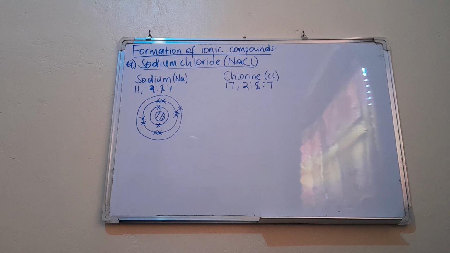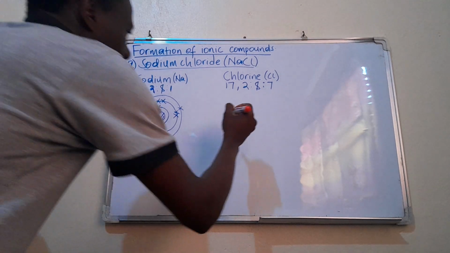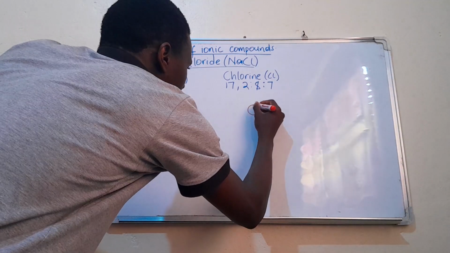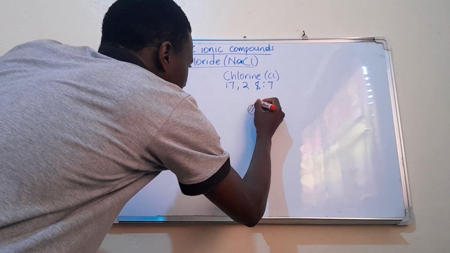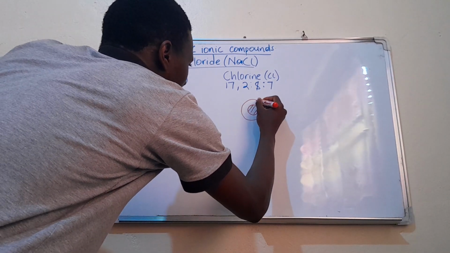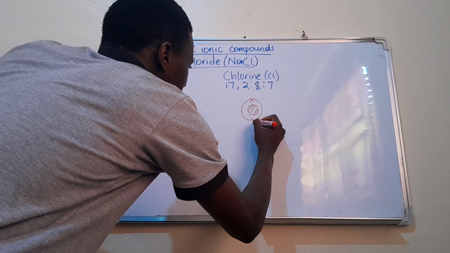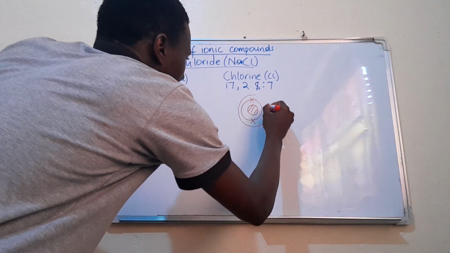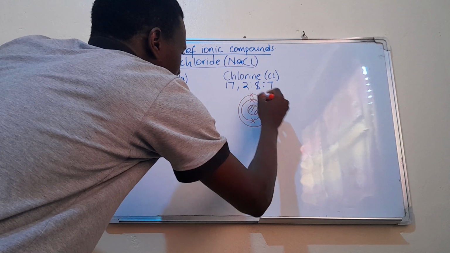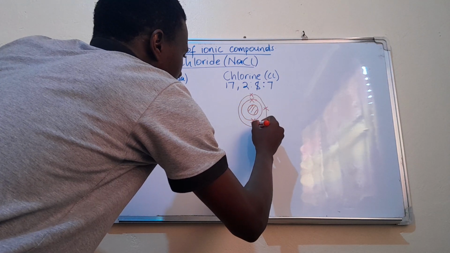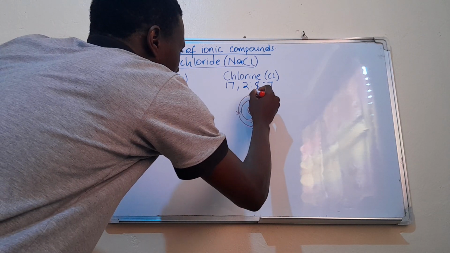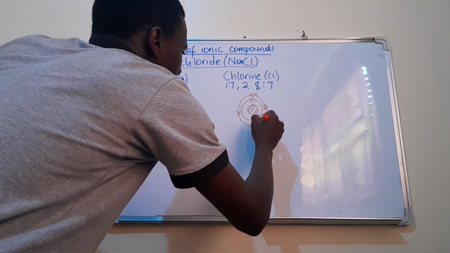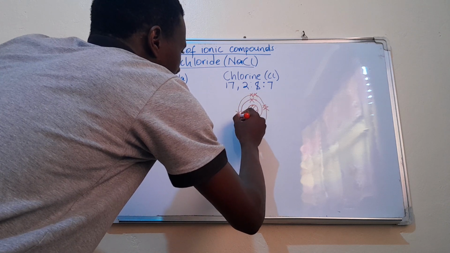Next we have the atomic structure of chlorine. The first shell has 2 electrons. The second shell has 8 electrons: 1, 2, 3, 4, 5, 6, 7, 8.